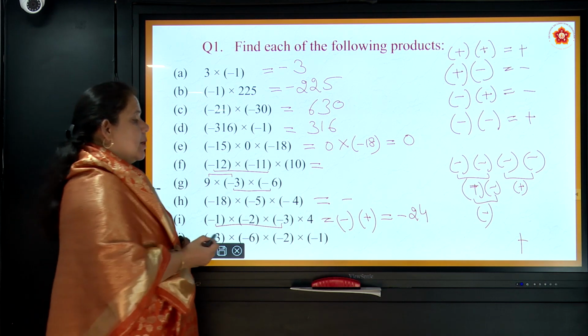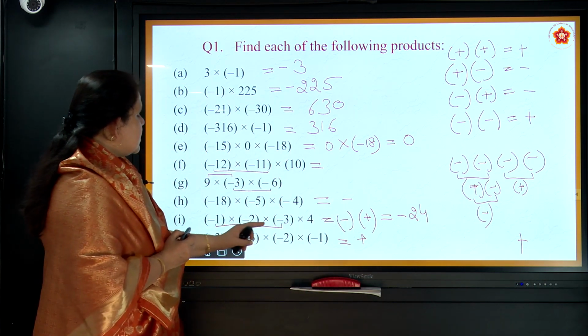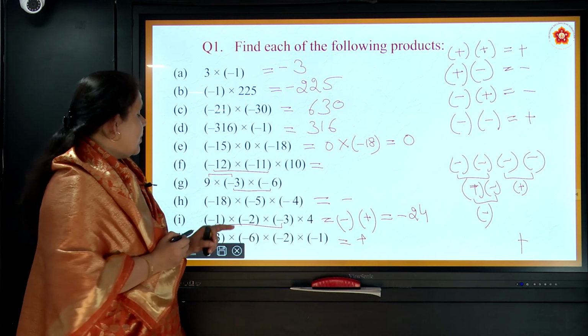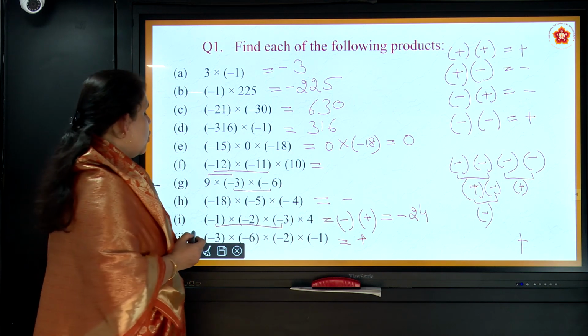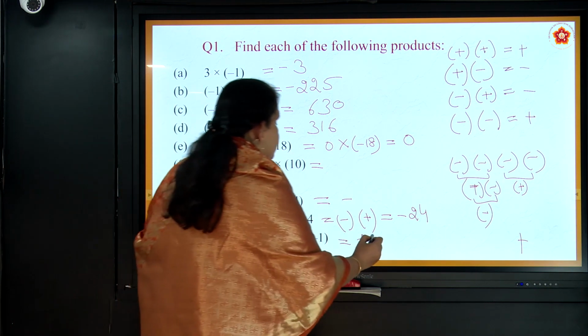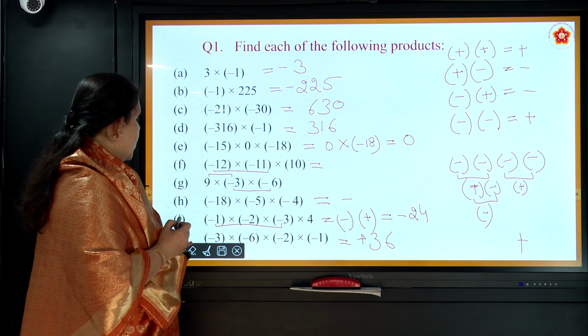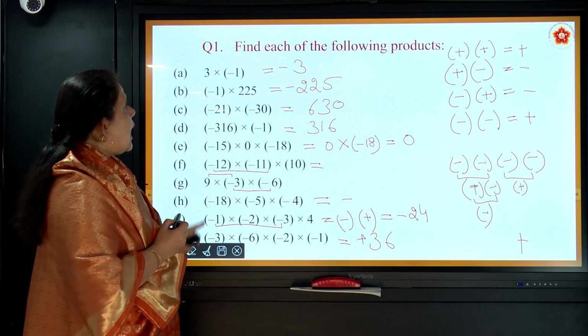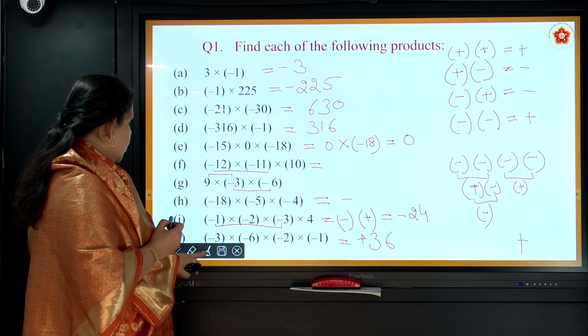Whenever four negative numbers are there, our answer is going to be positive. Just multiply all of them. So you see here 3 into 6 into 2 into 1. It is 36 and answer will be positive. I hope you are able to do each one of these questions.